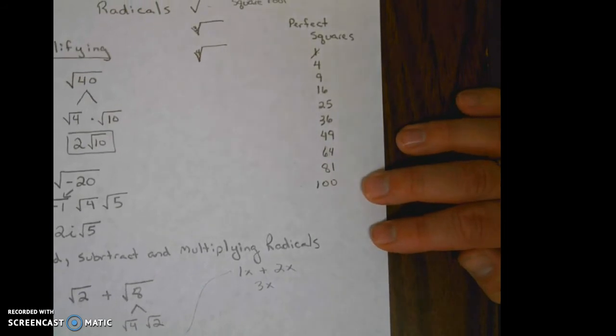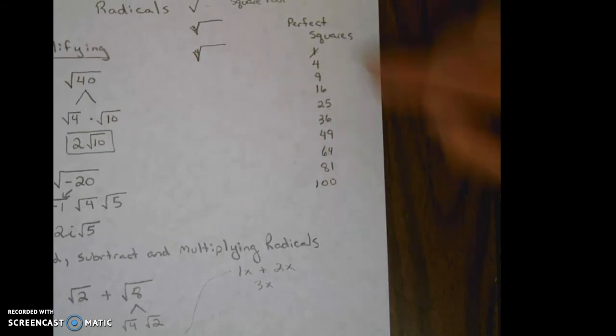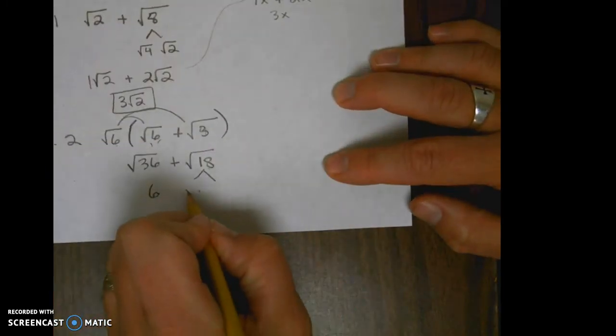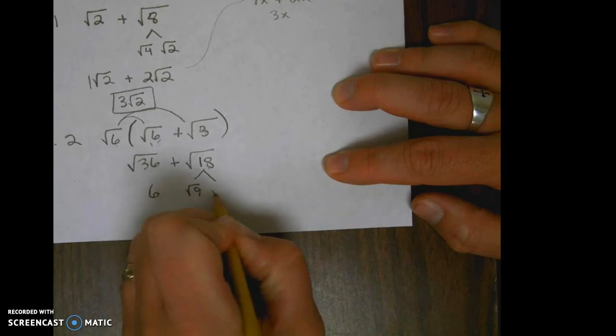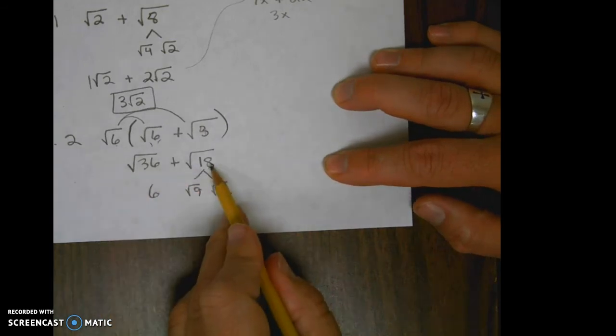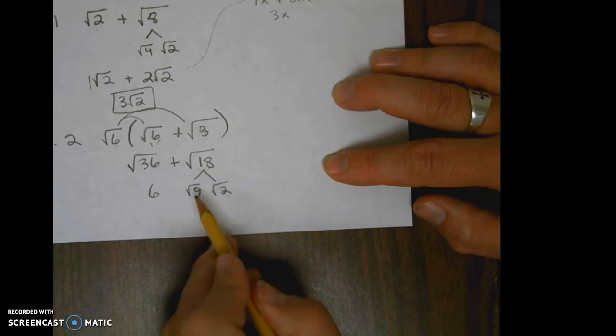Any perfect squares that go into 18 evenly? 9. 9 goes into 18 evenly. So this one's going to break down to the square root of 9 times the square root of 2. Remember, if it's not a perfect square, you want to break it down into two factors where one is a perfect square and the other one is not.